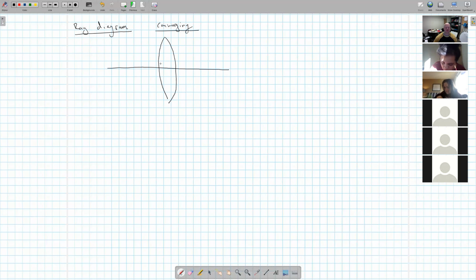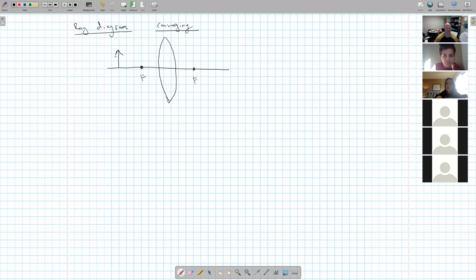The way this works is a little bit different from the mirrors, where we now have two focal points. There's going to be one focal point on this side and one focal point on this side. That basically means if I was shining light through in this direction, it would be focused onto this side, but if I shine light going in this direction, it would be focused onto this side. Okay, let's go ahead and draw our object somewhere out here.